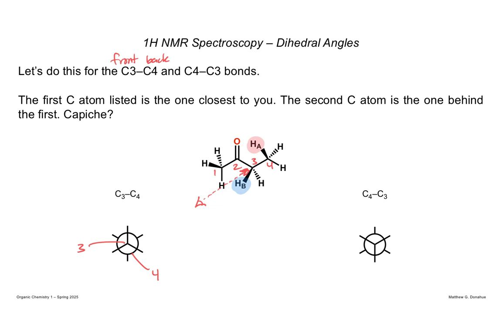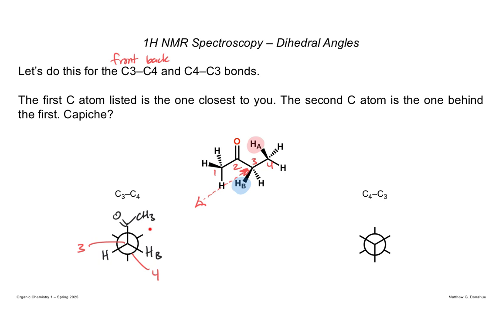So we're going to say this is HB, that's H. And then as we look down that bond axis, 3 to 4, the carbonyl group and then the methyl group at 1 have to be up. So based on that, we'll do the back substituents. HA should go where?